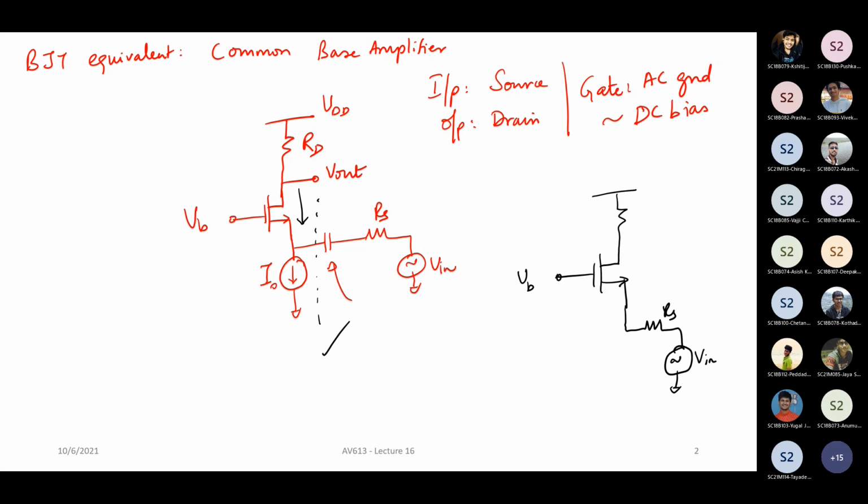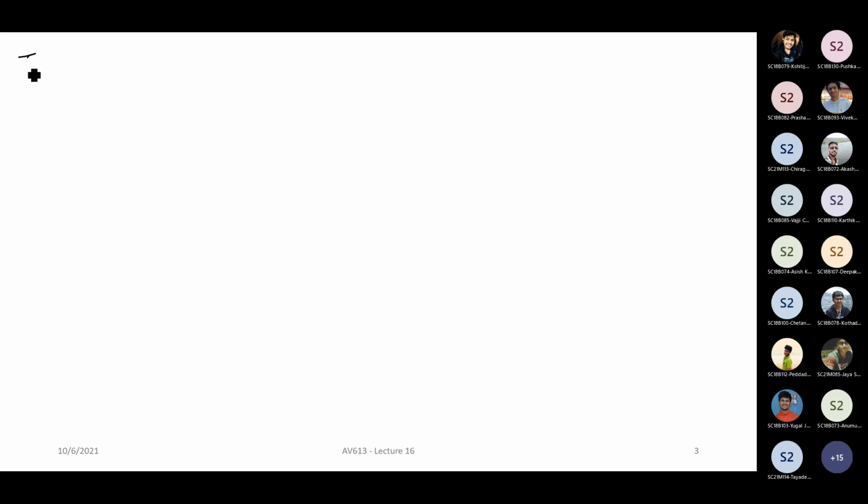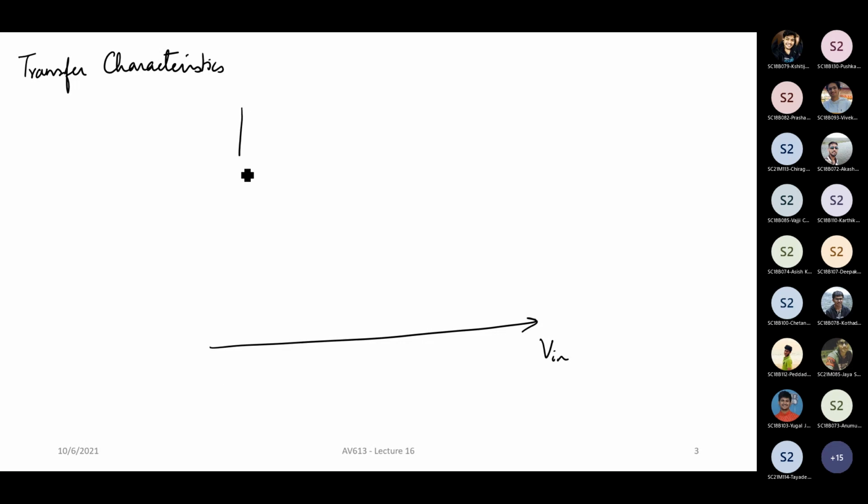All right. Now first let us try to do a basic transfer characteristic analysis. What is transfer characteristics? What happens when your input is swept from, let's say, Vin going from 0 to VDD? How will your output behave?